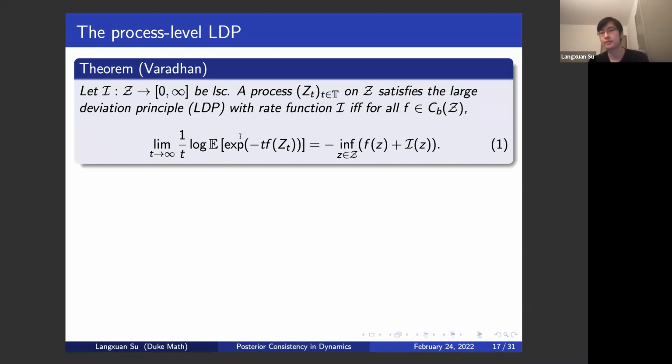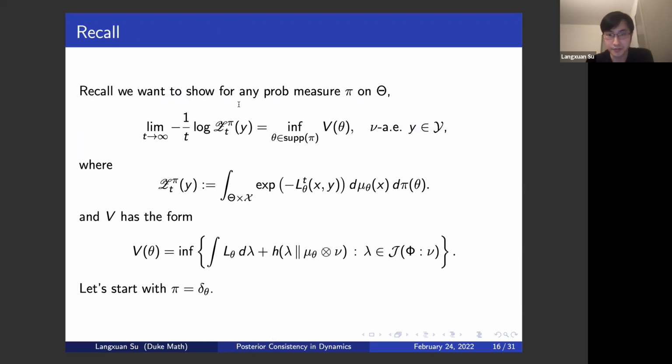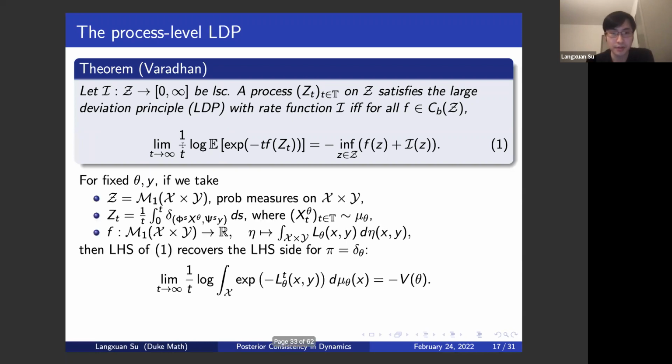So now what we need to do is just pick the right space, the right process, and the right test function. Then we can exactly match the left-hand side of this with the left-hand side of the characterization. It's not important what exactly we pick here; by matching them, it's not hard to work out the correct thing to pick to match this expression.